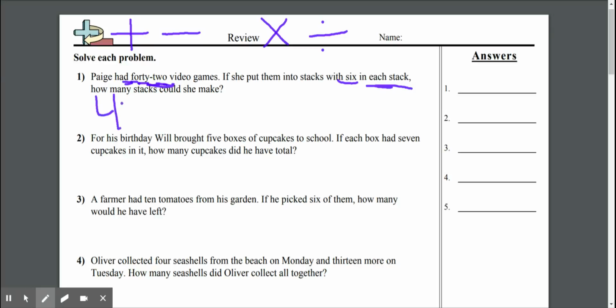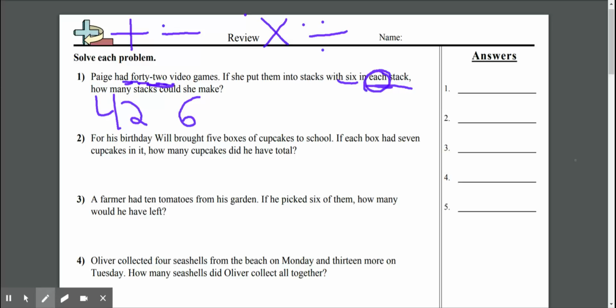So initially she has 42. She's putting them into stacks of 6 each, and that's going to be a key word here. We always have key words or clue words to help us understand which one of these 4 above this is going to relate to. Is this going to be multiplication, division, adding, or subtracting?